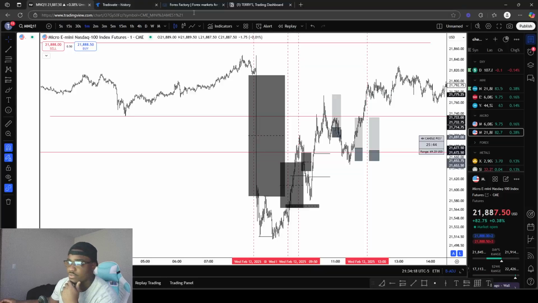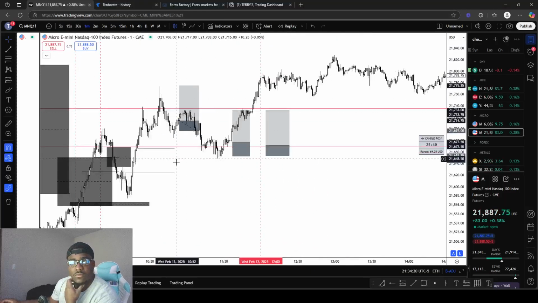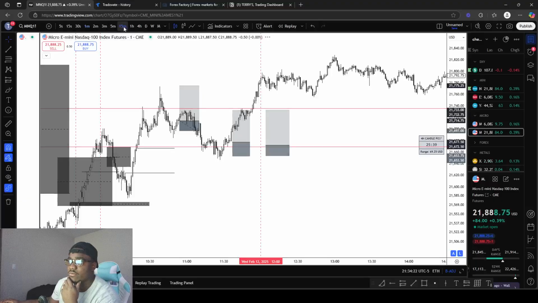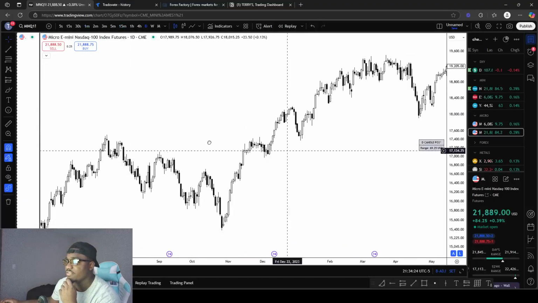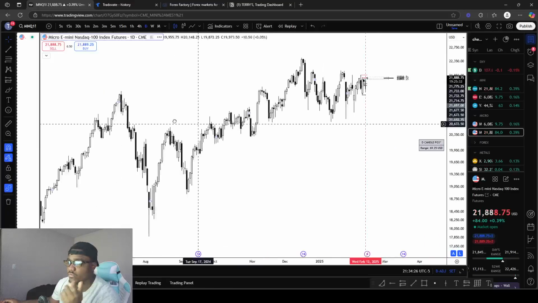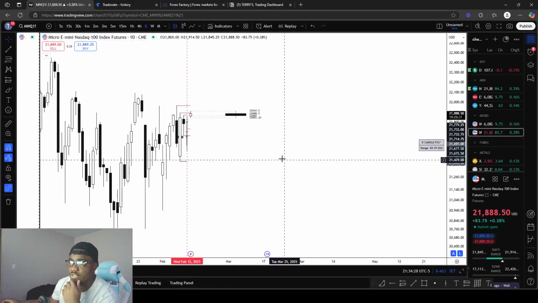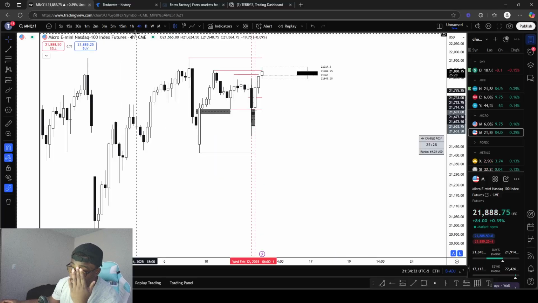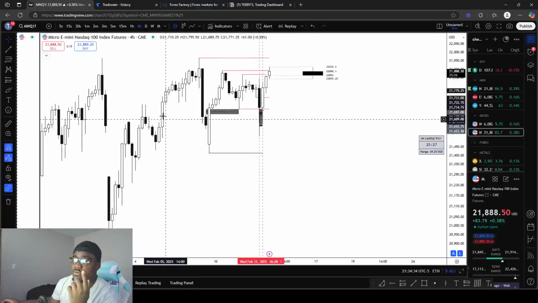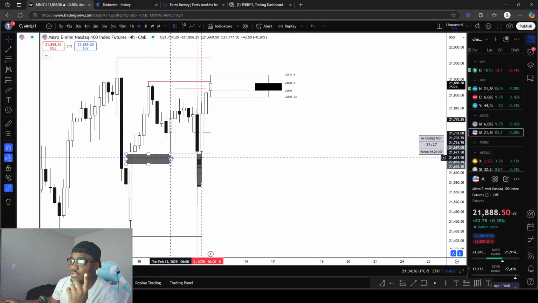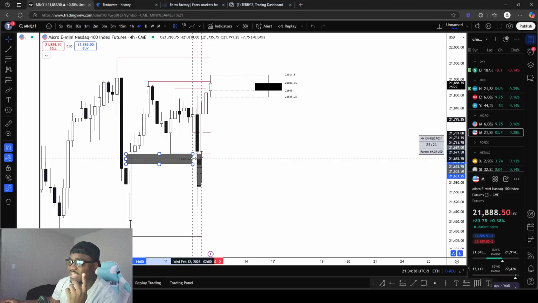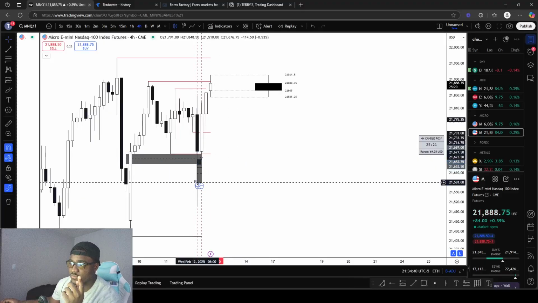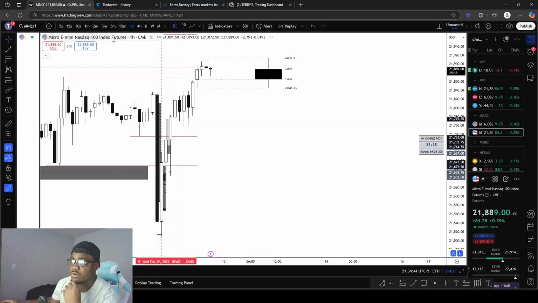Let me go over this trade real quick. So we're on Nasdaq and ES real quick. Coming to the dailies, I had a really shitty bias. I'm not gonna lie, I was 50-50 because of two things right here. We had this 4 hour imbalance right here that hadn't been tapped into, recently just got tapped into at the 6 a.m. opening of the 4 hour candle.